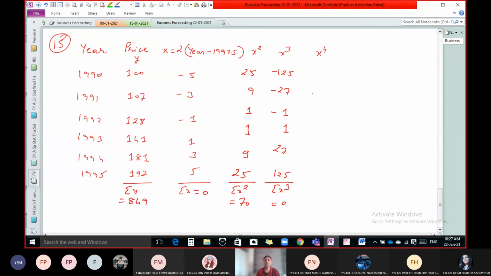And x raised to 4, so take the square of this x square: 625, 81, 1, 1, 81 and 625, and we get the value of sigma x raised to 4. What is it? 1414. Correct. Now x into y and x square into y. X into y, this is x and this is y.